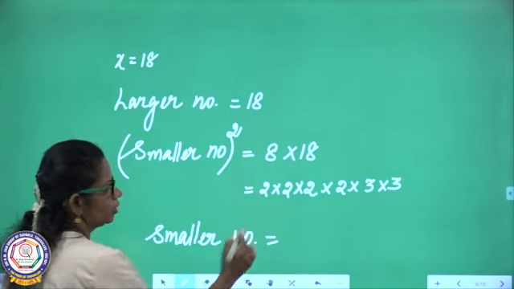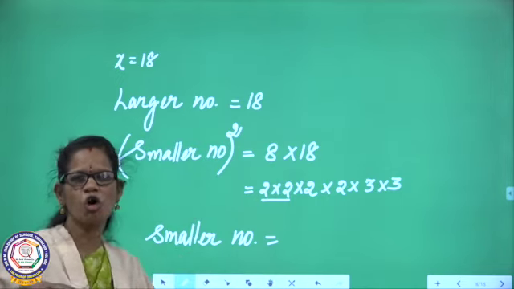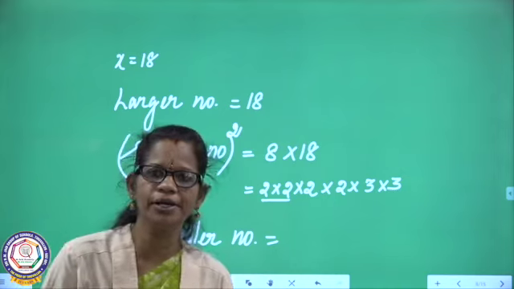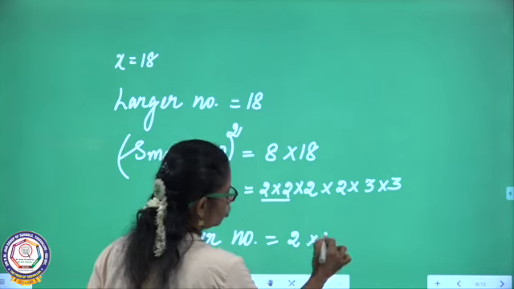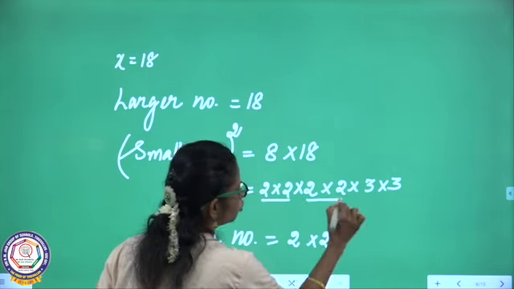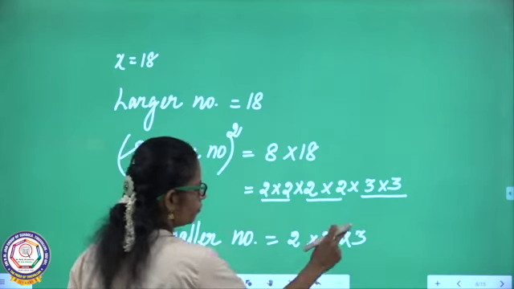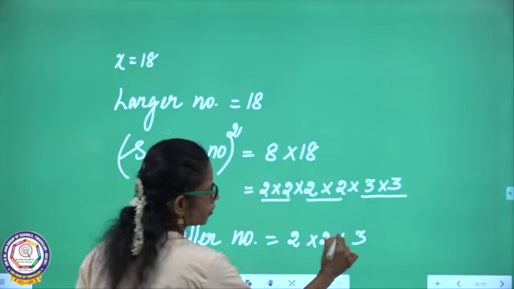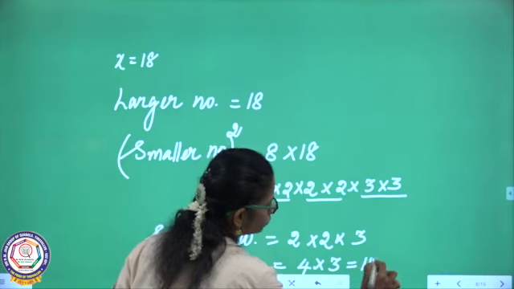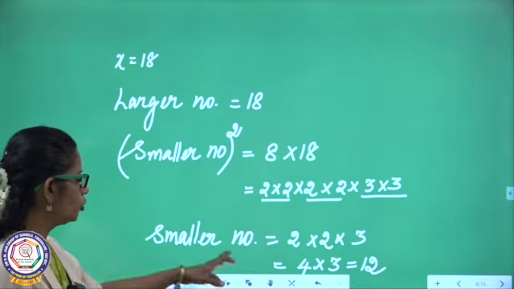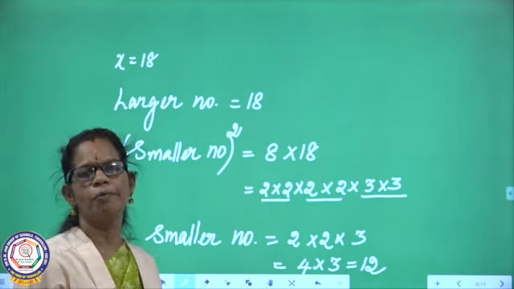When you are taking a square root, you have to combine two numbers, right? That basic concept you know, but again I am repeating it. 2 into 2, 2. 2 into 2, 2. 3. Then it becomes 3. What will you get? 4 into 3, 12. The larger number is 18, the smaller number is 12.